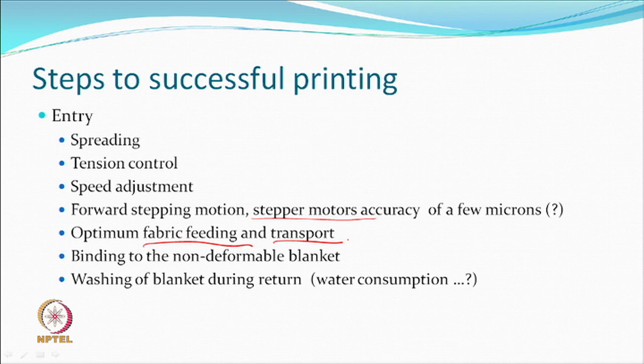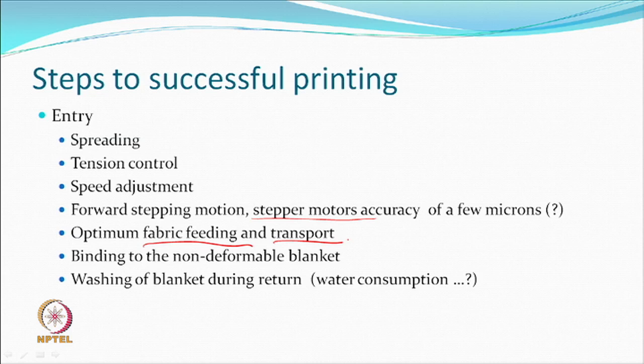So, this entry part of a machine is an important component which is precise. So, here everything is precise. You are looking at stepper motor accuracy of a few microns, you are not looking at millimeters. So, that would mean that everything is controlled now, and therefore, the cost of the machine becomes high. It is not like a normal gear or belt based motion which are used generally.